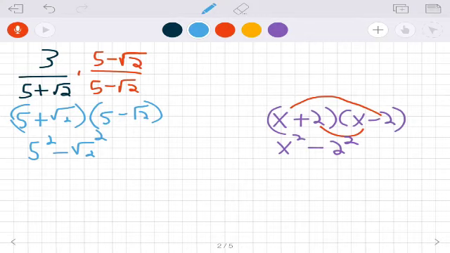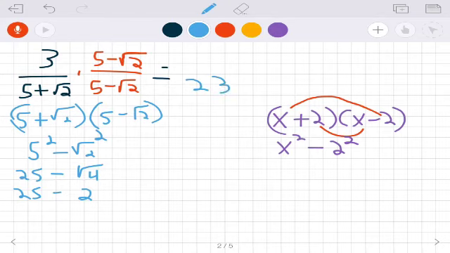Now, the square root of 2 squared is the square root of 2 times the square root of 2, which would be the square root of 4. So this is 25 minus the square root of 4, and that becomes our new denominator. However, we can look at that and realize the square root of 4 is just 2. 25 minus 2 happens to be 23. So we've made our denominator now 23.